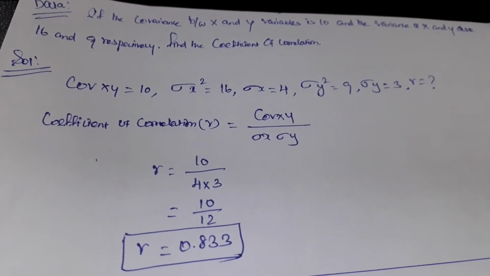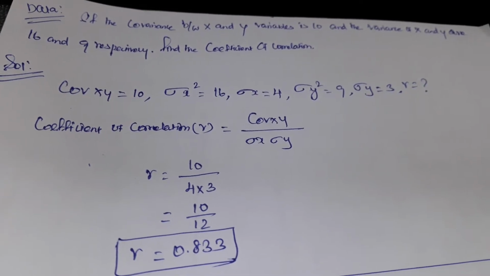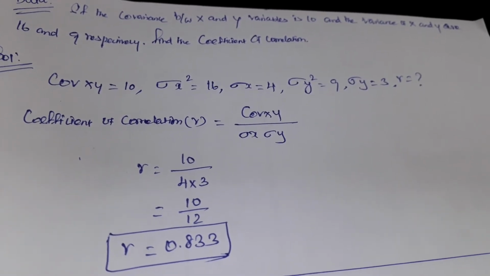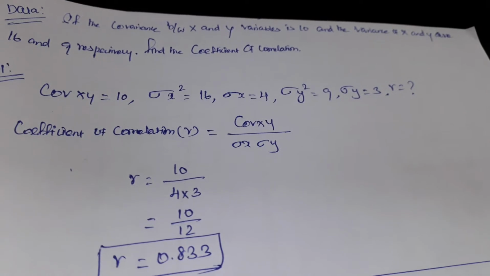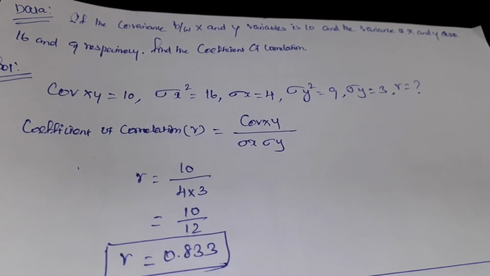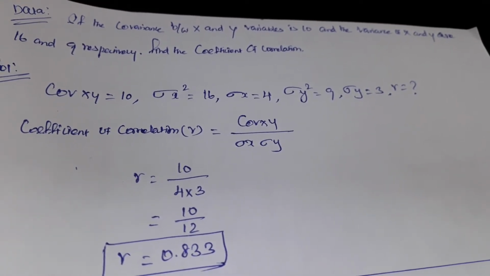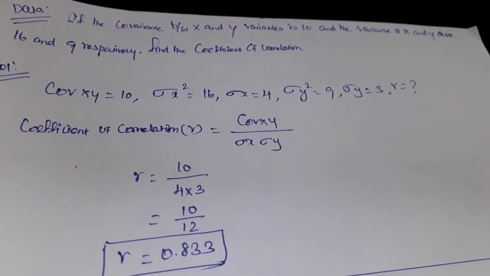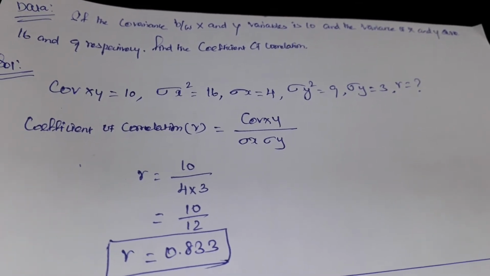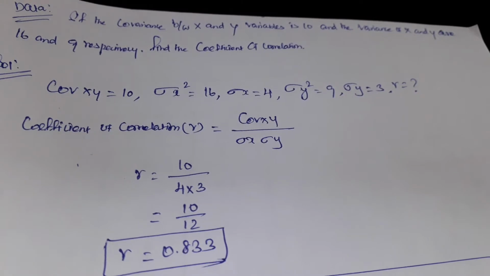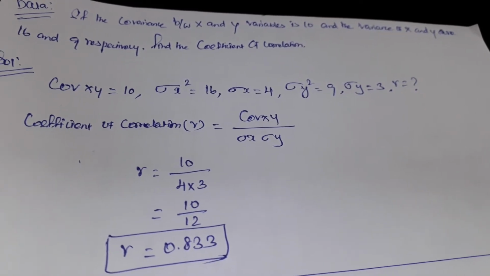The covariance of x and y is equal to 10. It is given in the problem. Sigma x squared is 16. If we take the square root of 16, we can get the standard deviation of x.